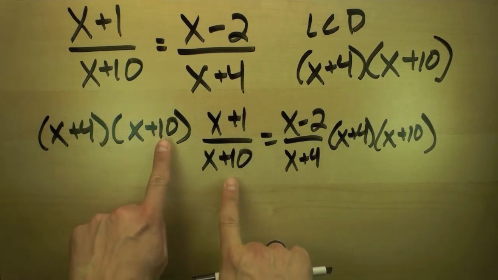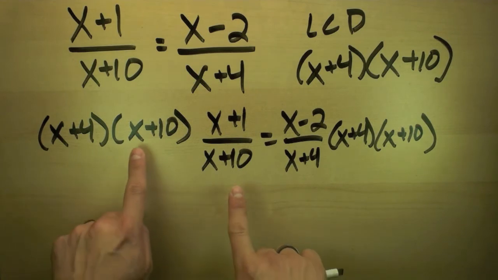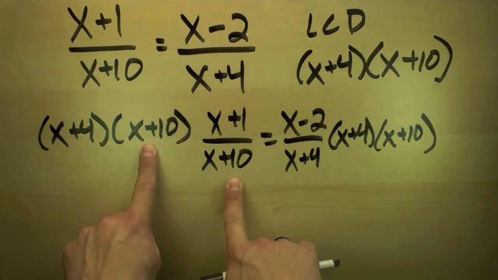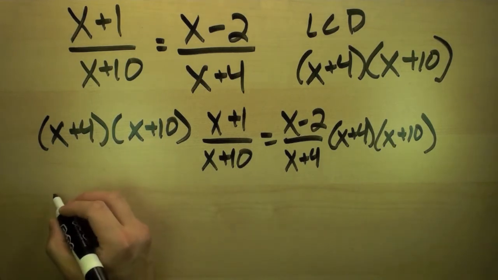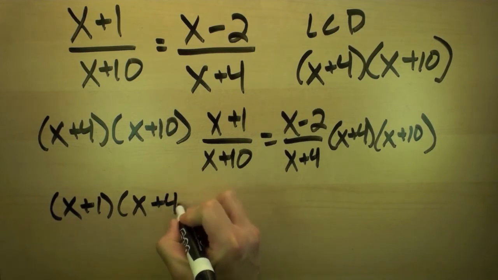So we can see that here, we can think of this factor as really being these factors over 1. So when we multiply these fractions, the x plus 10 factor is going to cancel, leaving us on the left with x plus 1 times x plus 4.